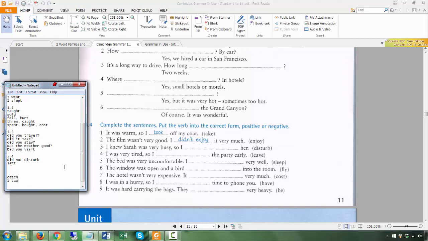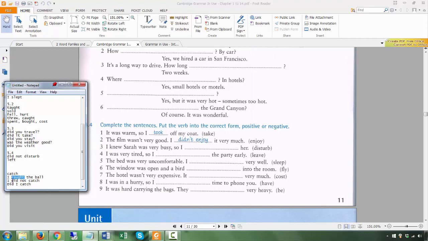So if you want to put in positive, I caught the ball. But if you want to put in the question or in the negative, you don't use this. This is only for the positive. Okay, you would use an auxiliary verb for the negative or the question. I did not catch, and then you use the base verb again. Or did I or did you catch? You see that? This becomes the base verb again. Only in the positive then you use the irregular version, okay?